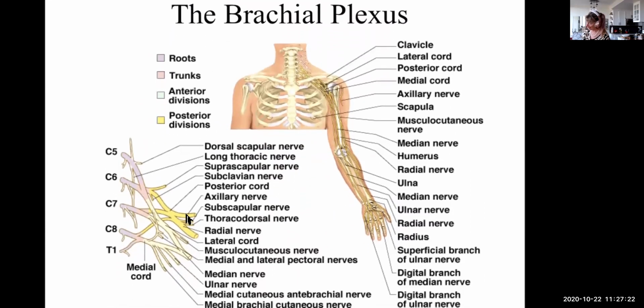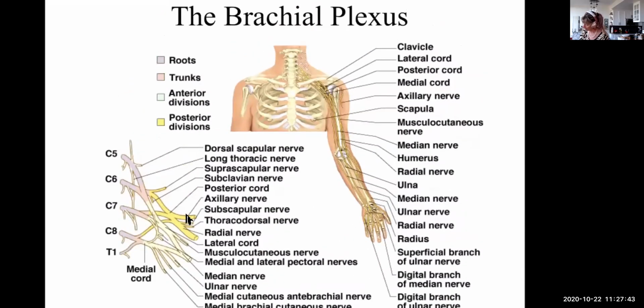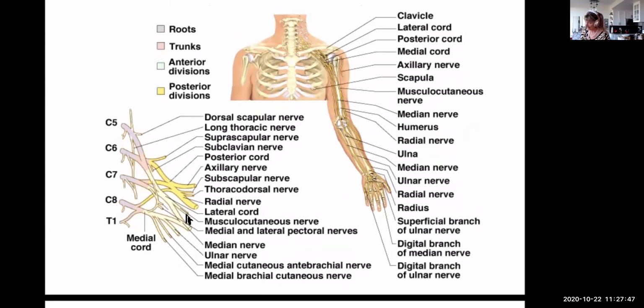The brachial plexus looks a little more complicated. It really isn't that much more complicated. I'll write a couple of notes about the brachial plexus. As you can see, there are many nerves involved. Some of them are fairly obvious.